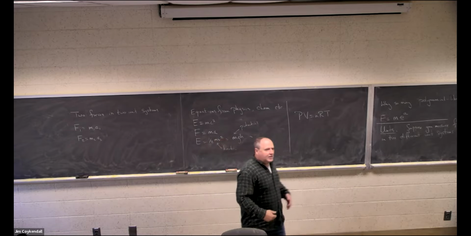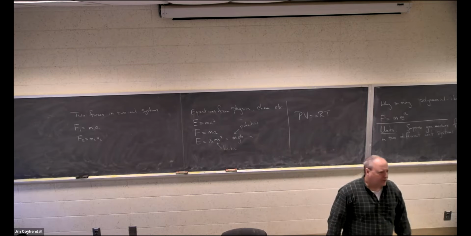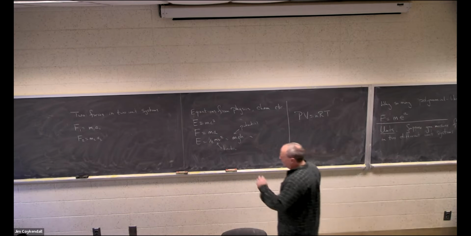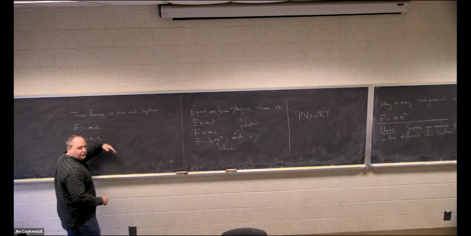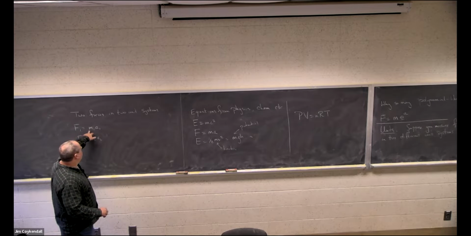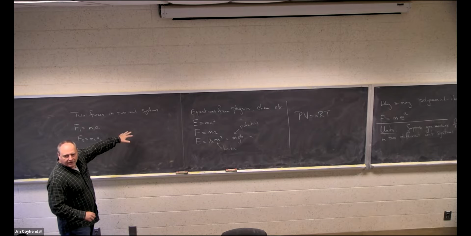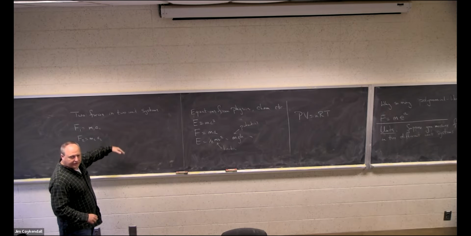Now, if you're in the metric system, that's going to give you two numbers for two forces. But let's suppose that you also have this in another system. So you've got to convert your mass to whatever the conversion is in the other system. You've got to convert your acceleration there.